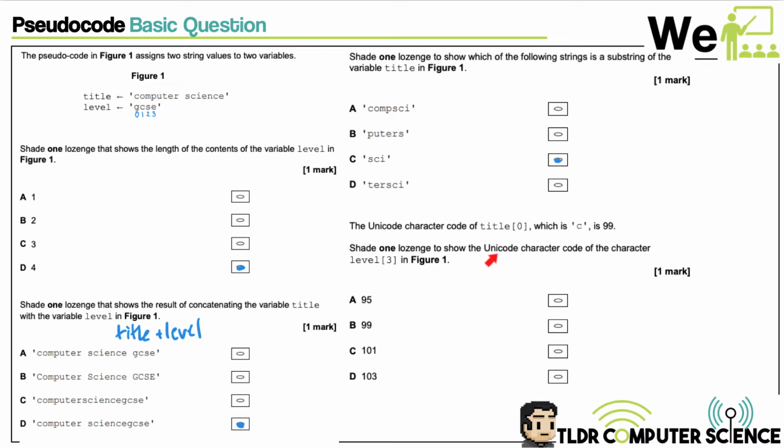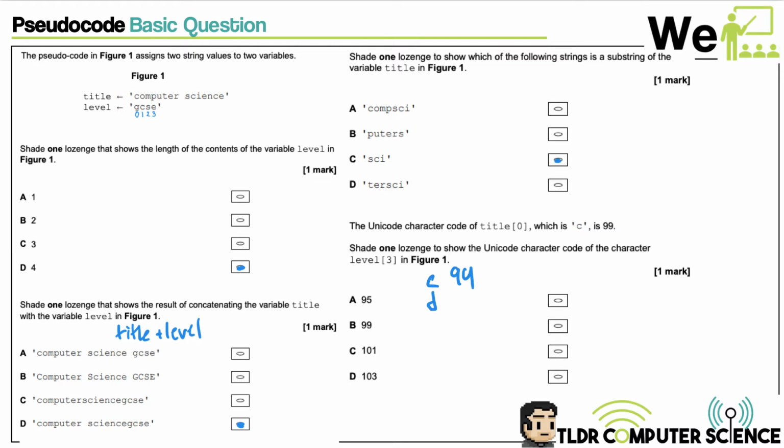Shade one lozenge to show the Unicode character of level 3. So level 3 is 0, 1, 2, 3, E. So if C is 99, what's E going to be? Well, D, remember, these are all continuous. So whether it's ASCII, which is 7 bits, all of them are one after each other.